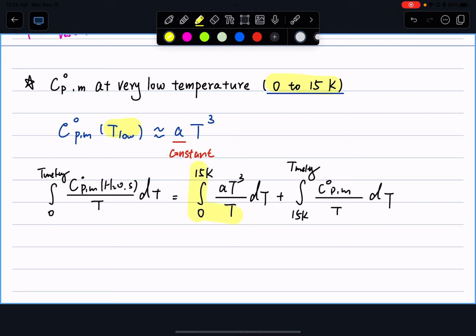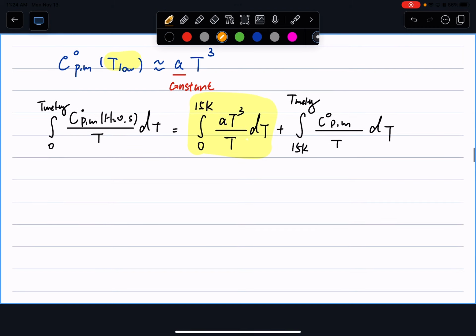If we focus on the integral here, from 0 to 15 Kelvin we have A T cubed over T, so this cancels out to be T squared dT. A is a coefficient, so we take it out, leaving the integral of T squared dT from 0 to 15 Kelvin.